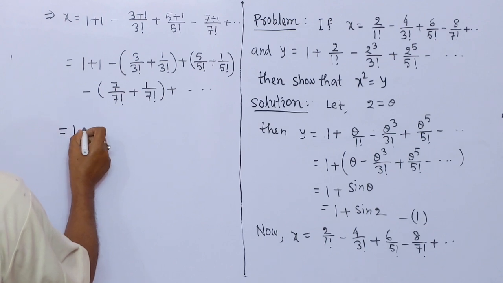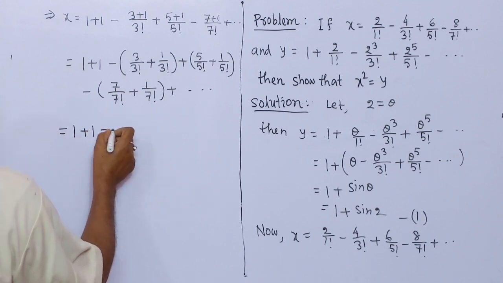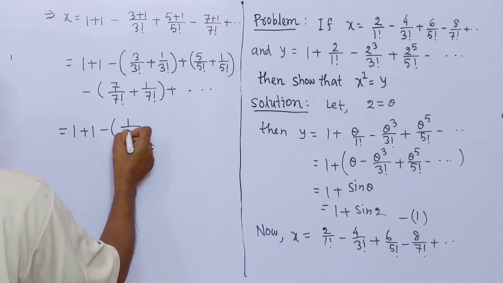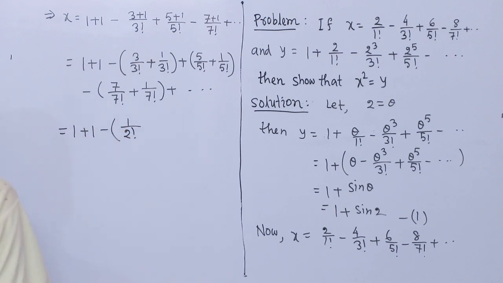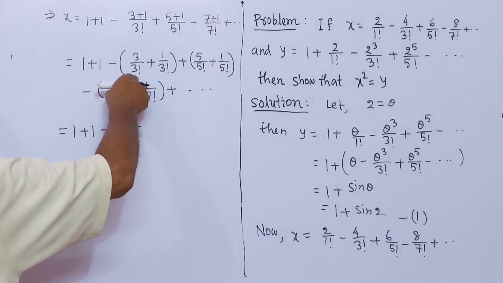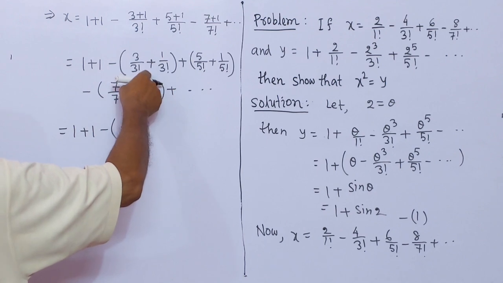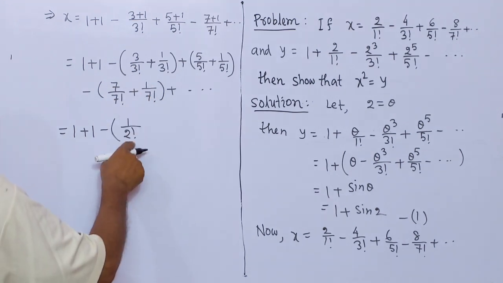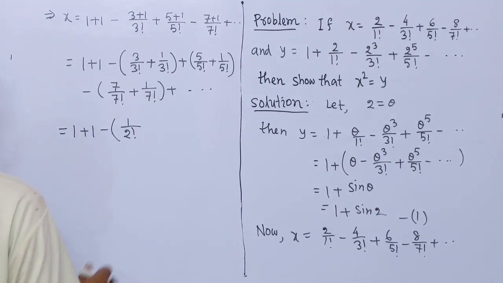This will be equal to 1 plus 1 minus, 3 by factorial 3 is 1 by factorial 2. Factorial 3 means 1 multiply 2 multiply 3, so 3 cancels, and only 1 multiply 2 remains in the denominator, that is factorial 2.